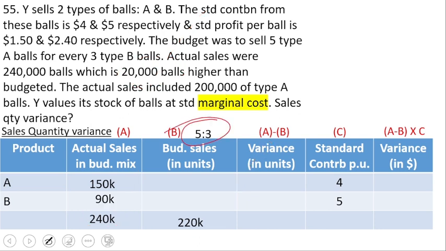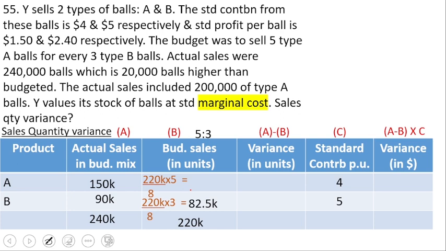And since we already know that the budgeted mix is 5:3, we can easily find out the budgeted sales for A and B. So 220,000 divided by 8, which is the total of 5 plus 3, multiplied by 3, we get 82,500 units.